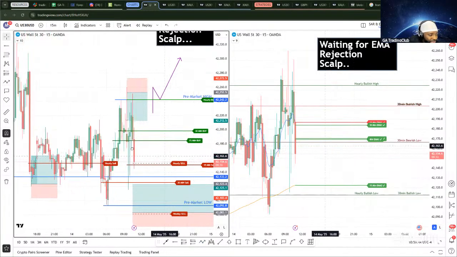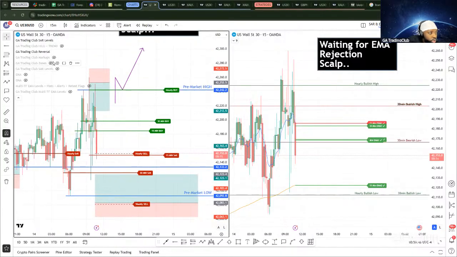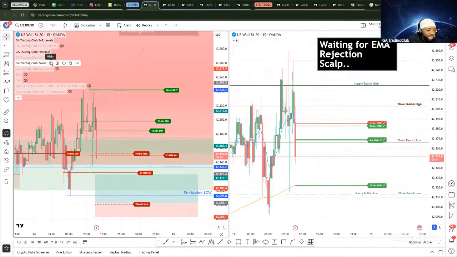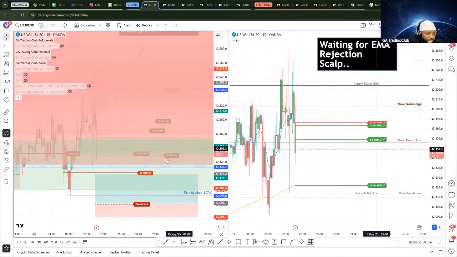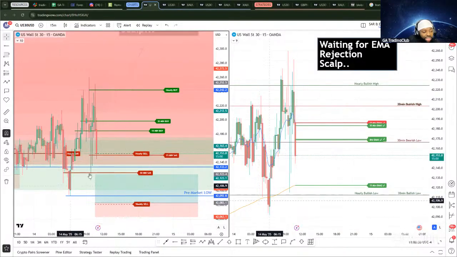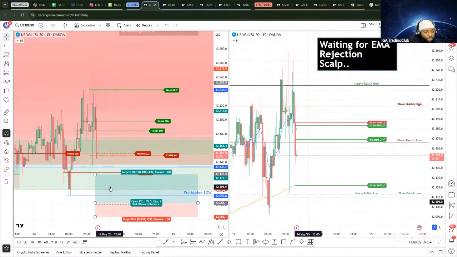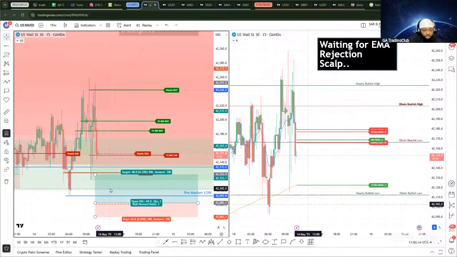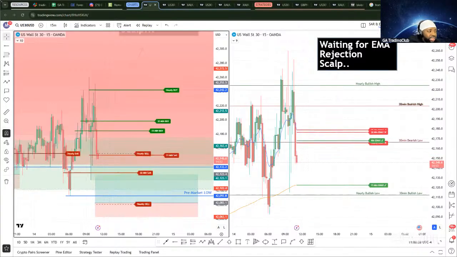And one thing that I've forgotten to check is the zones. So actually, never mind. This pre-market low is not in a demand zone, so forget about it, because we always want to make sure of that if we're selling. For this particular one, I think if price gets to this pre-market low, we'll break down to the downside, because we don't have any demand that I can see here if we turn on our zones indicator.